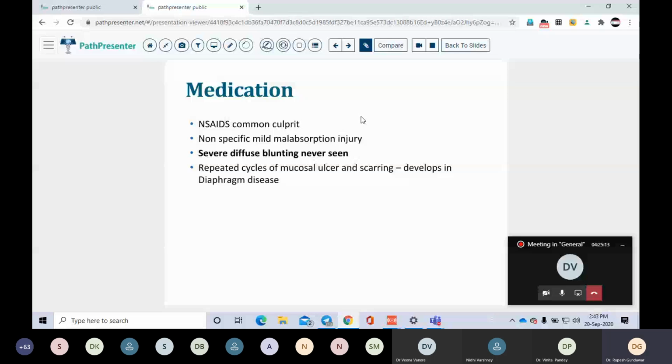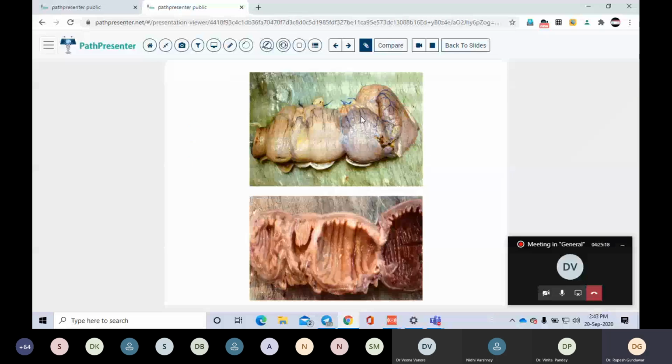So see, this is one specimen of terminal ileal resection. You can see this part is somewhat congested compared to this part. Then there is kinking of the serosa. It's not a complete stricture, just deepening inside.